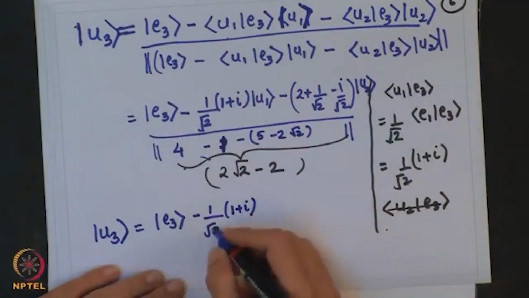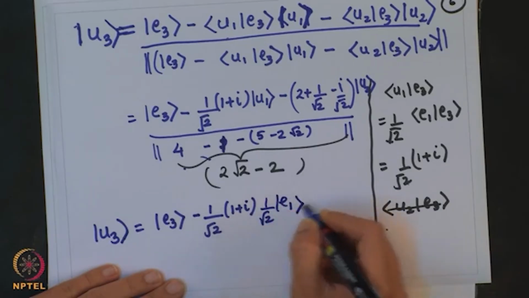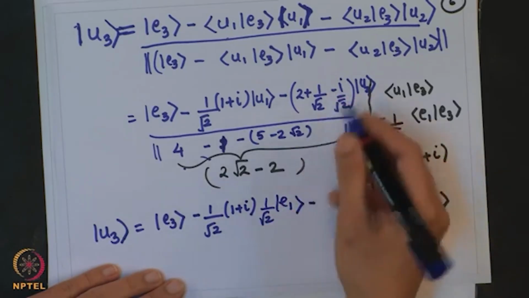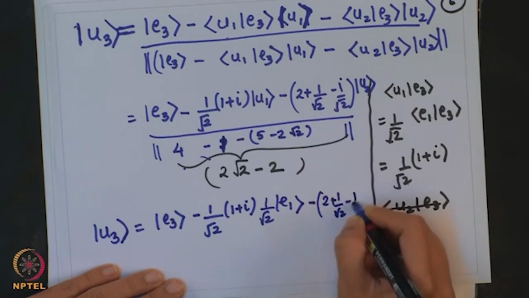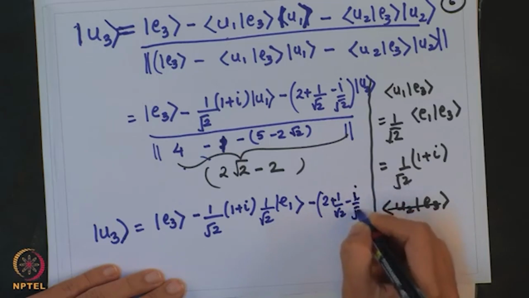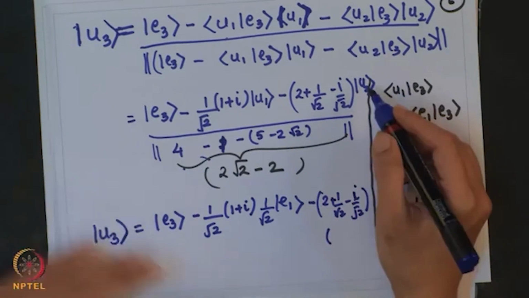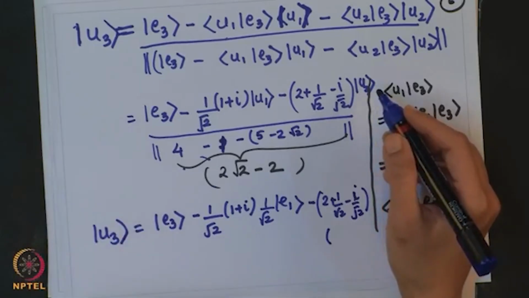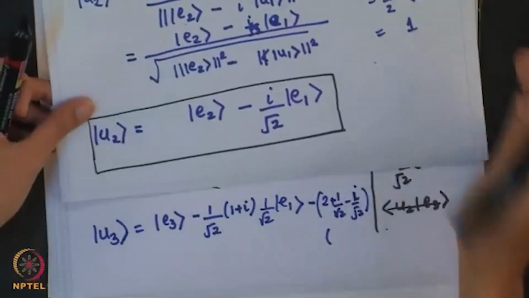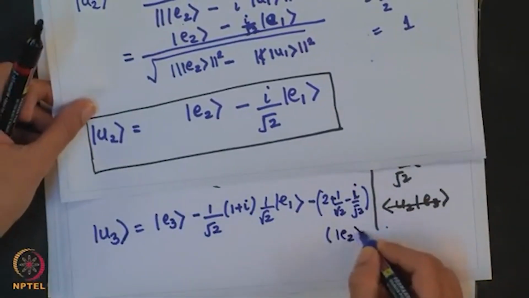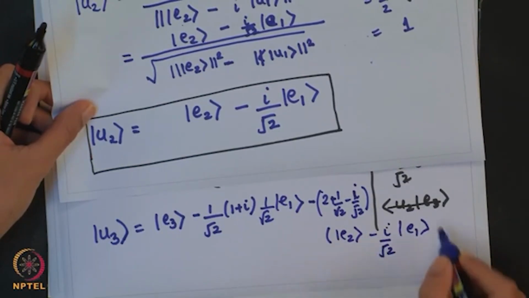So, I have 1 by root 2 E1 minus I have this factor 2 plus 1 by root 2 minus I by root 2 times this factor U2, which is this big expression which I showed you just a minute ago, that is E2 minus I E1 upon root 2.